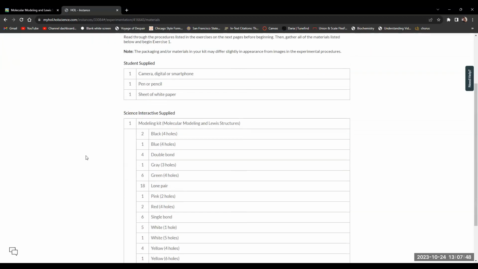I think the main thing from the kit that you need is the modeling kit, and it's really just like a bag, and it kind of looks like a bag of marbles. That's what we're going to be using today. And this also coincides with the lecture of chapter 13, I believe.